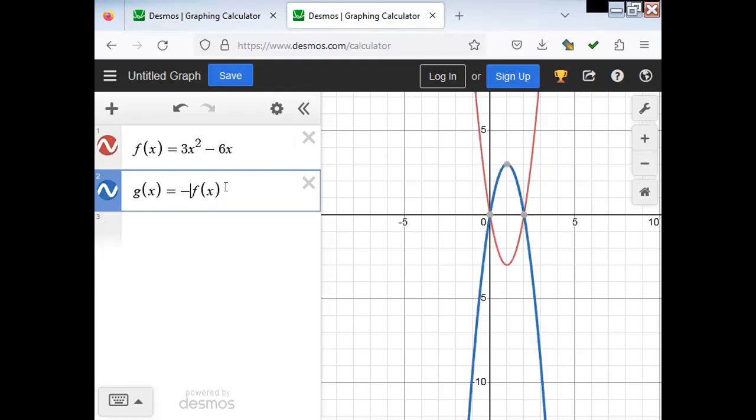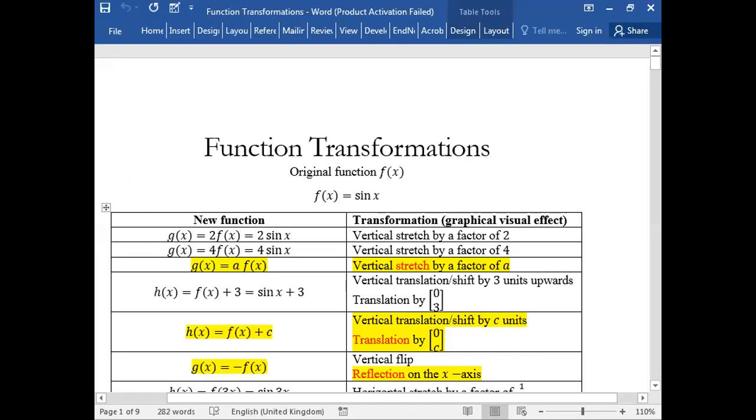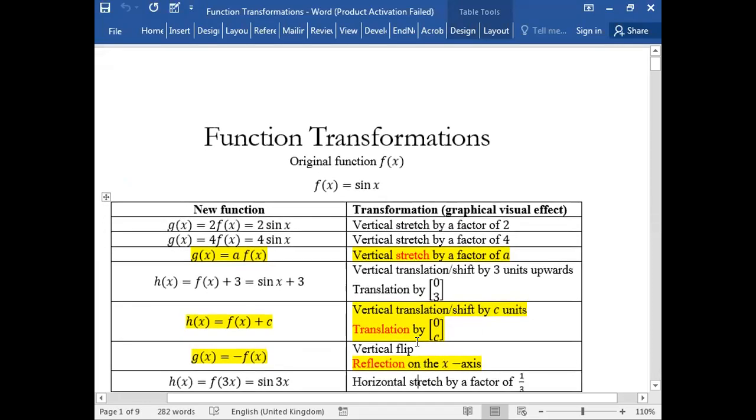Is this clear or not? So this is the third vertical transformation, which is reflection in the x-axis. What basically happens when we generalize it in our mind, we help ourselves by relating the operations to transformation.